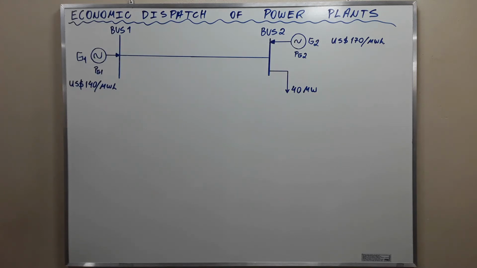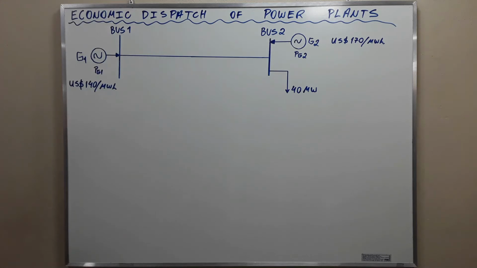And the line losses are 0.5 times the output power of generator 1 squared, where the loss coefficient is specified in per unit on a 100 MVA base. The question: calculate the most economic power generation dispatch in megawatts.